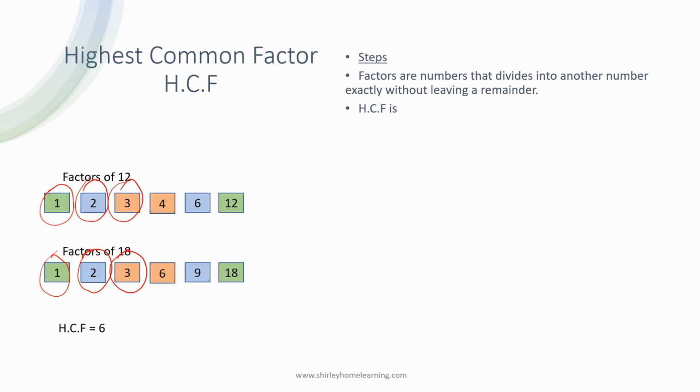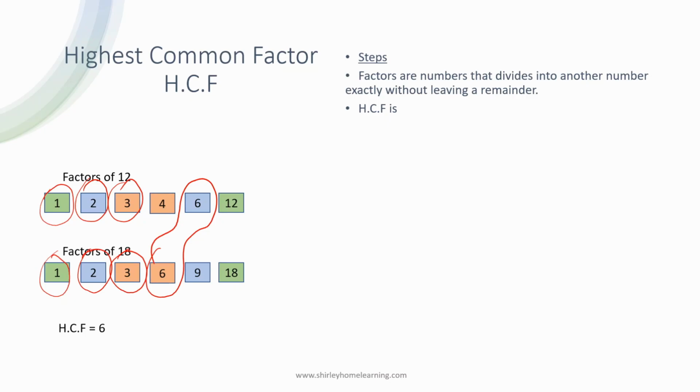But if you look at it very carefully, you will see that the highest common factor is not 1, 2, or 3, but the number 6. So 6 would be considered the highest common factor because it is common to both 12 as well as 18. So the highest common factor of 12 and 18 would be 6.